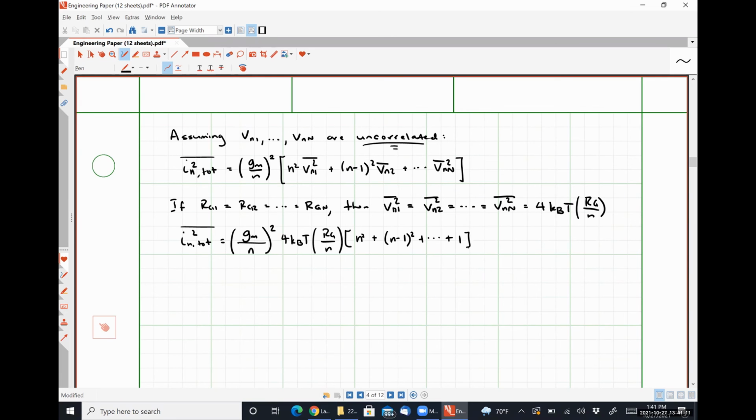And so this would be an algebraic series, is that right? Not a geometric series? It's the sum of a series. Let's go there. We're not math majors. So this can be represented by n times n plus 1 times 2n plus 1 over 6.